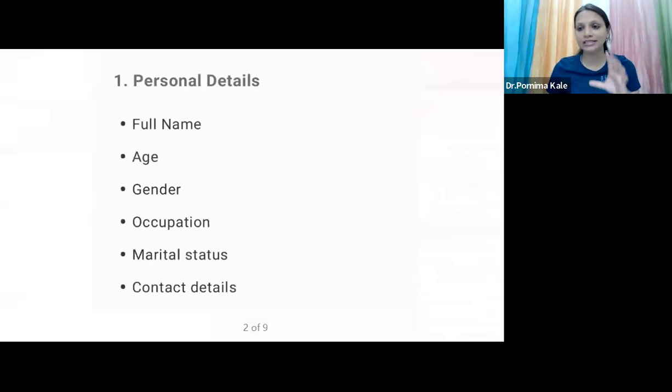So first is demographic data: full name, age, gender, occupation, marital status, and contact details. Why are these necessary? If you are taking yoga therapy of that patient, and any emergency happens or you need to contact their house, then you should have their contact details, address, and full name written in your case history format.